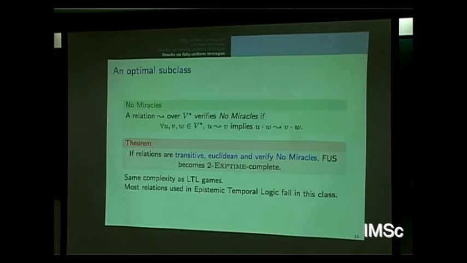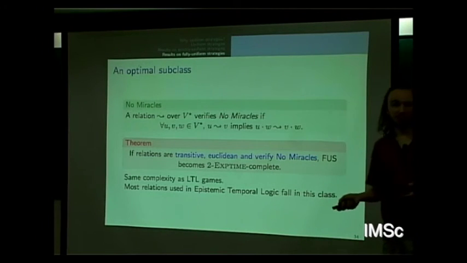In this case, the complexity is not higher than that of solving simple games with LTL winning condition, which is quite nice. Furthermore, most indistinguishability relations you consider in games with imperfect information or epistemic temporal logics verify these assumptions.